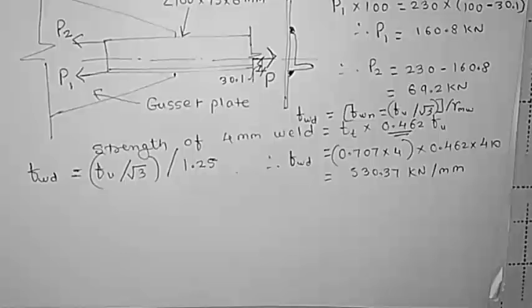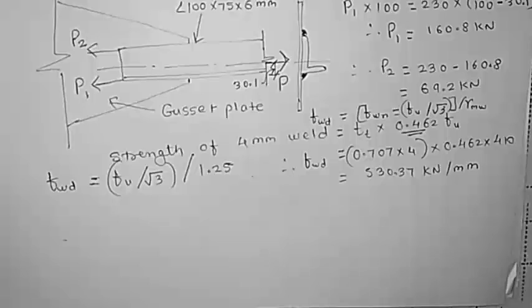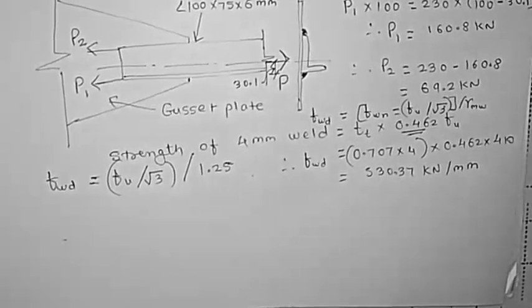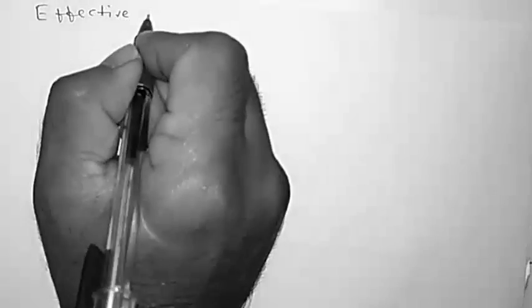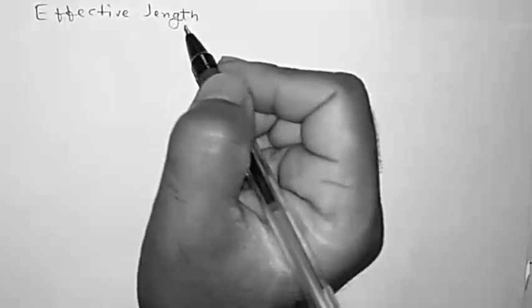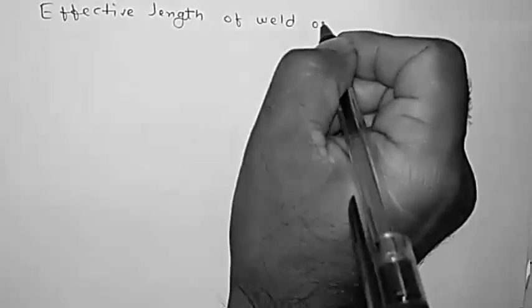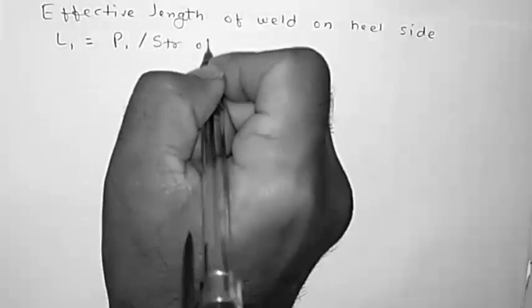Now we can calculate the effective length of the weld on hillside. So now effective length of weld on hillside, what is equals to, let us say L1, which is equals to P1 divided by strength of the weld.